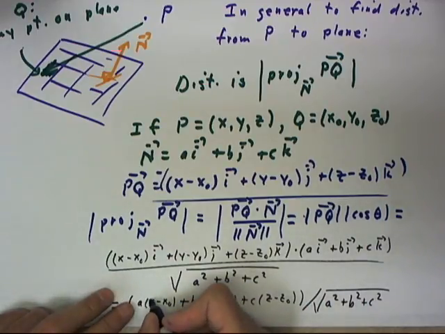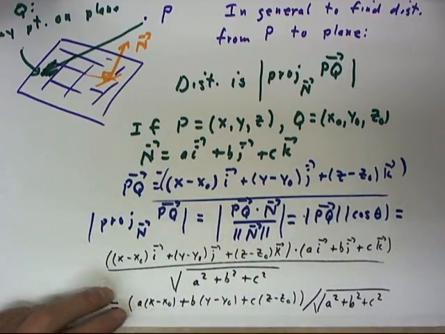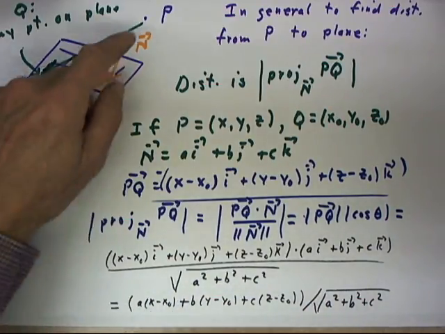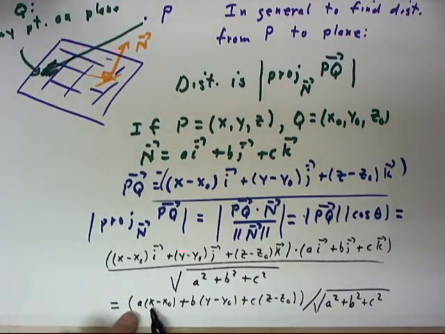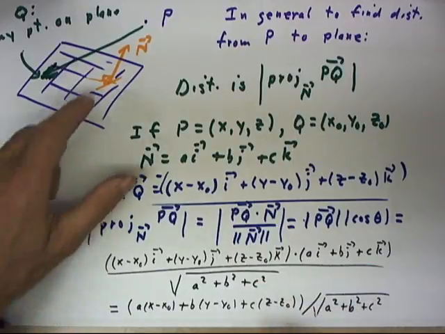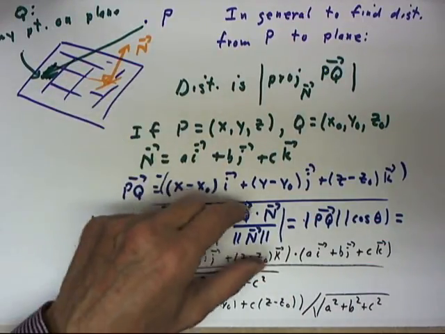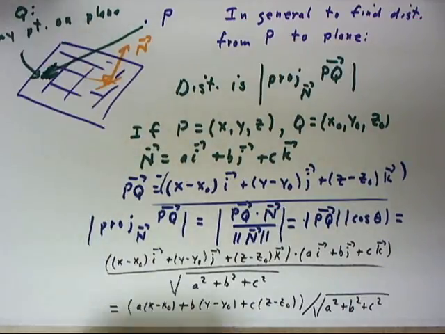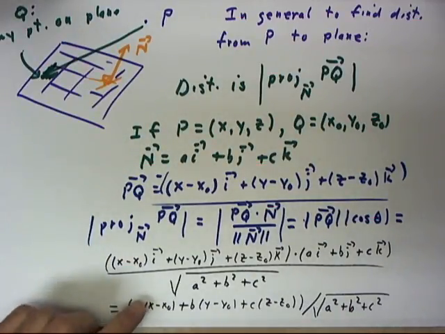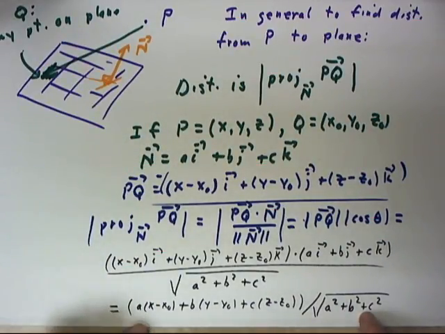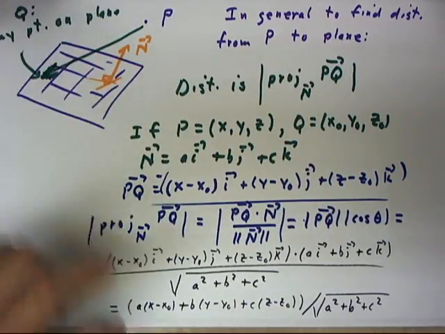Now, this is a handy formula for the distance between the point P and the plane, and that's a formula you could memorize, but it's much easier to simply understand this picture and write out the meaning of the picture. And this formula would be a bear to remember, but it's not difficult to visualize.